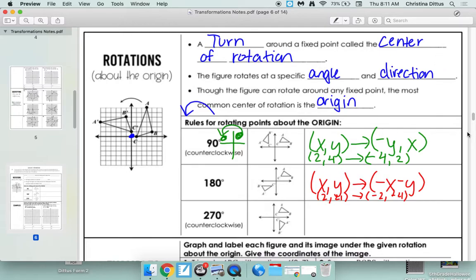270 counterclockwise, again, if I start here, counterclockwise, go all the way around 270, I'm going to end up there. This is the same rule as 90 degrees clockwise. Just like this one is technically 270 clockwise. I don't think you see this one as much, but this one you'll see.